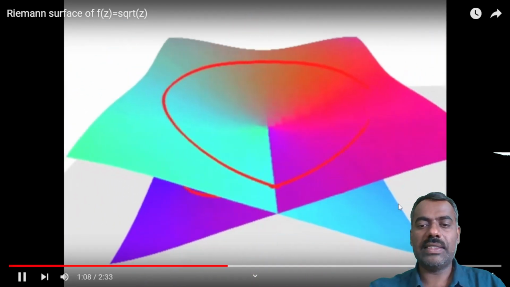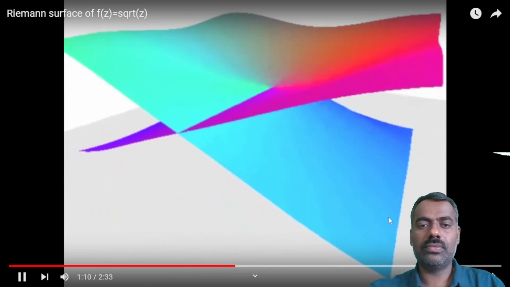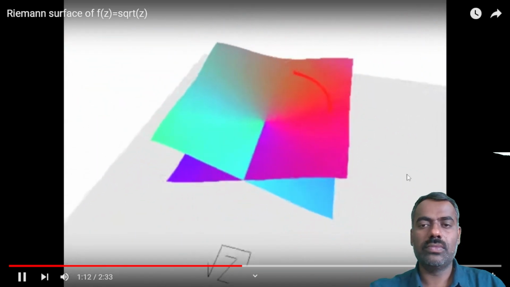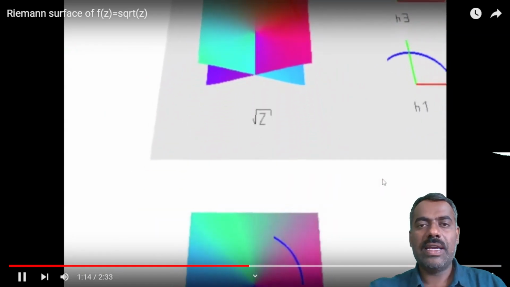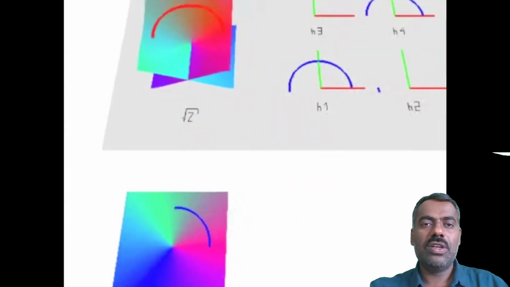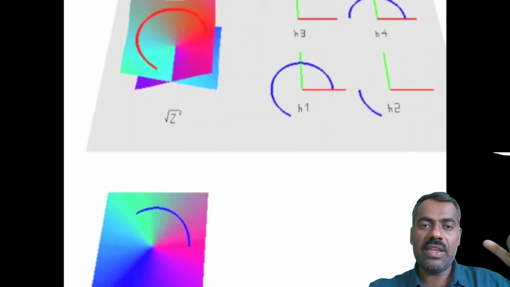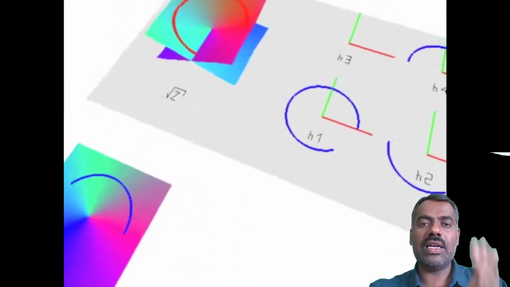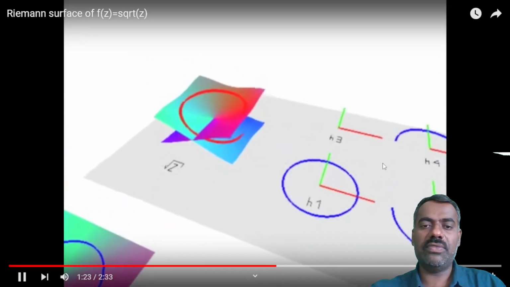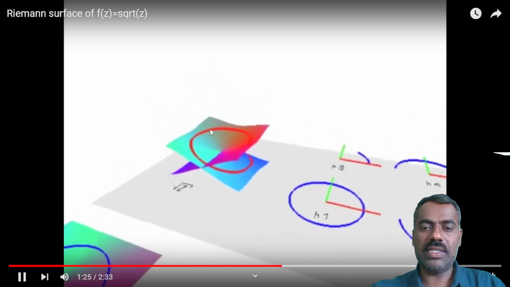Can you see that? If you start from one, by the time you reach half, you will go down, and again if you go around another circle, you will come up to where you started. You can see it here.